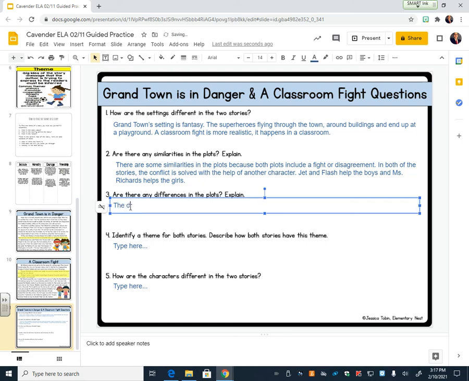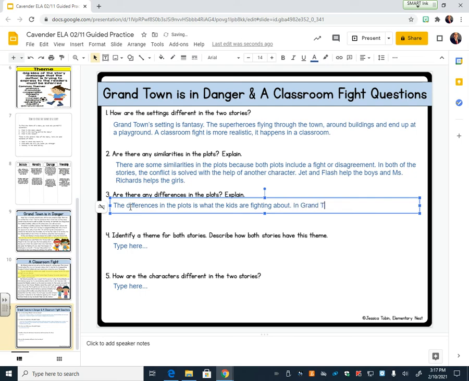All right. So the difference in the plots is what the kids are fighting about.